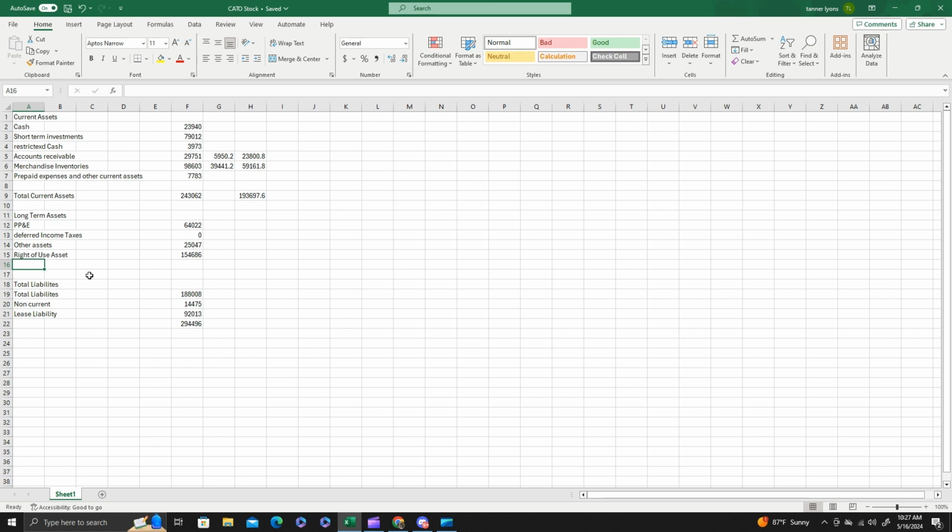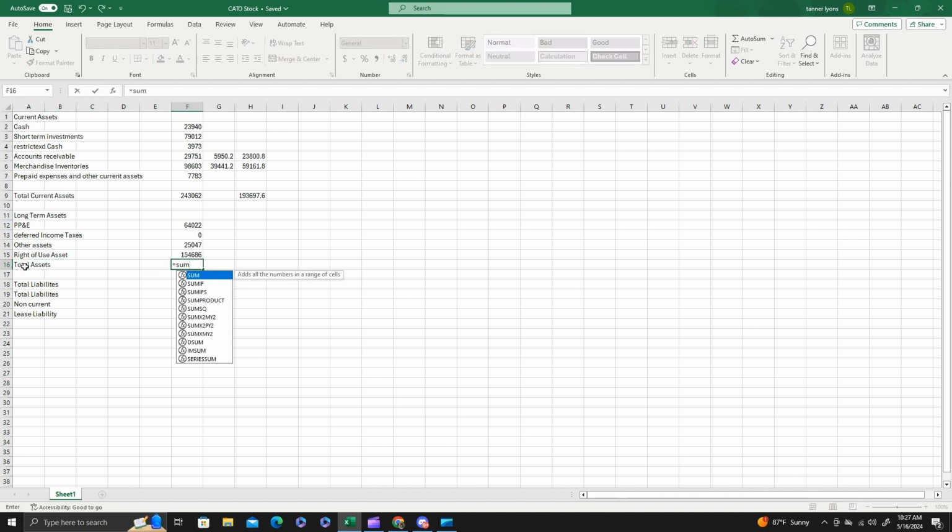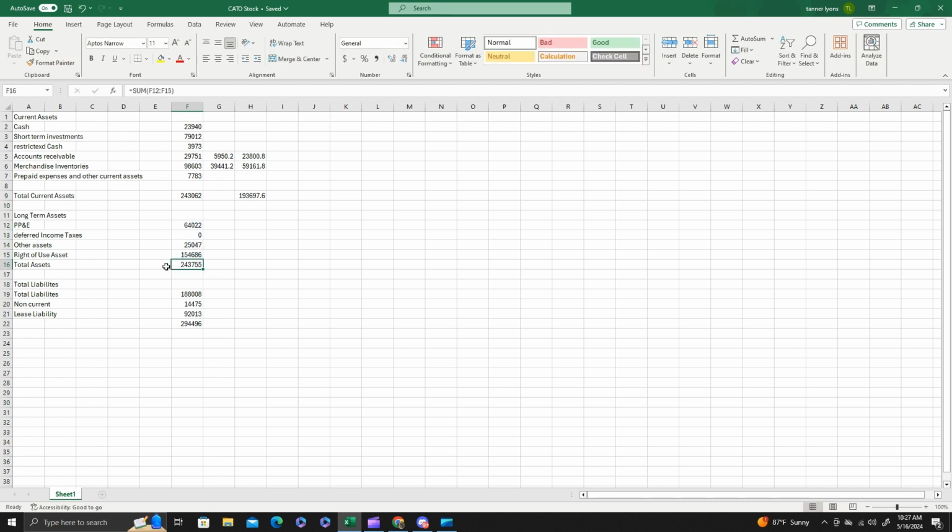Alright, so we have all the numbers on the screen now. So let's go total assets. Okay, I didn't put an S, it's bothering me.